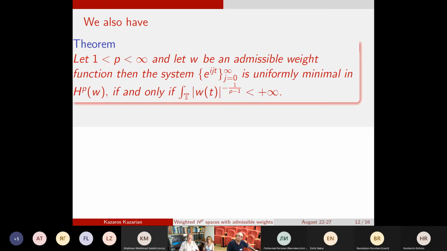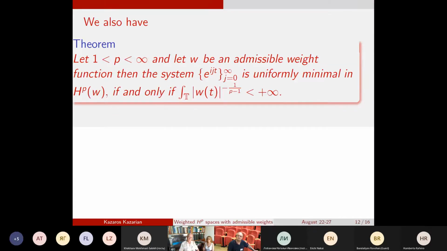So we go ahead. The next theorem is that the system which we are considering is uniformly minimal in HP W if and only if this condition holds. What does uniformly minimal mean? It means that the product of the norm of any element of the system with the norm of the element with the same index in the conjugate, in the dual space, this product is uniformly bounded.